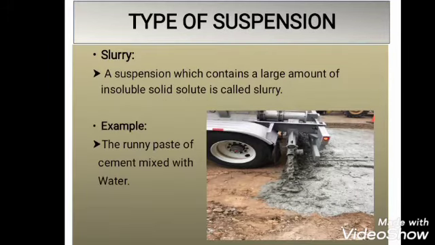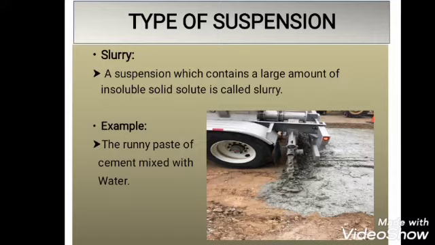Next is slurry. Slurry is a type of suspension. What sort of suspension is this? It is a suspension which contains a large amount of insoluble solid solute. It means the particles of the solute are not at all soluble, first thing, and second thing is that they are in a very large amount.